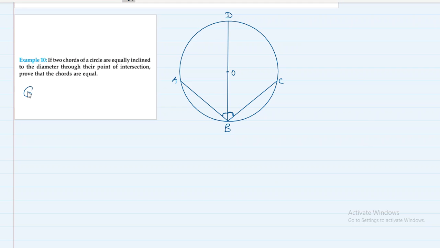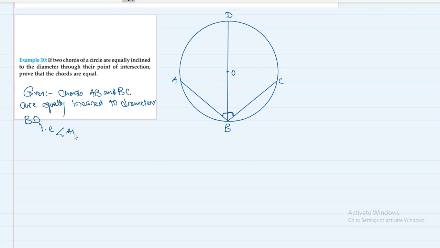So in given we can write chords AB and BC are equally inclined to diameter BD. That is, angle ABD is equal to angle CBD.